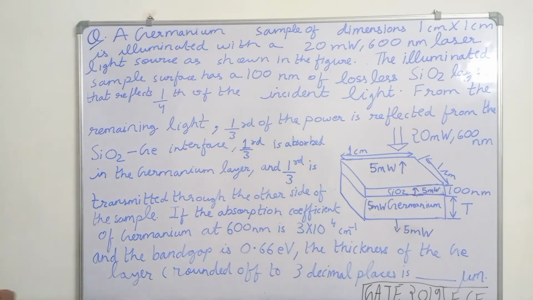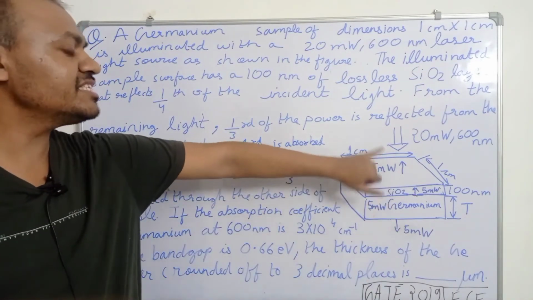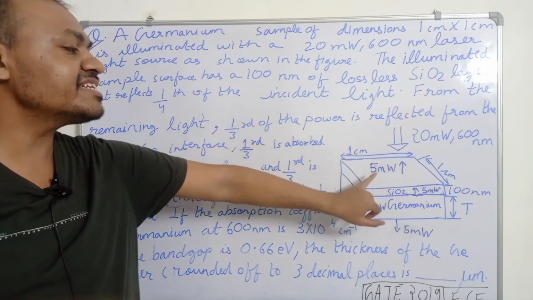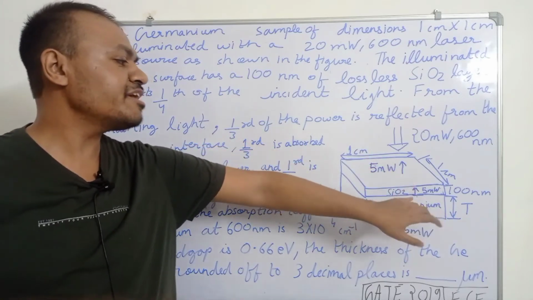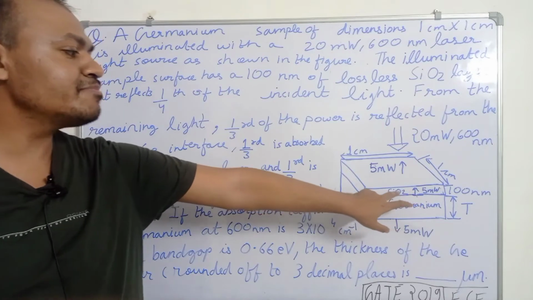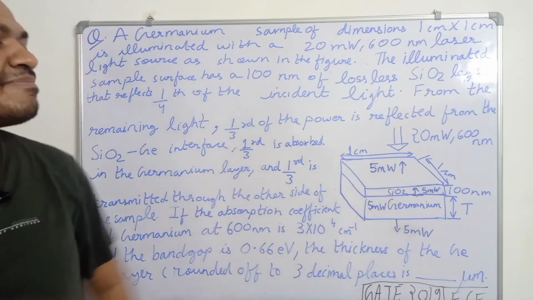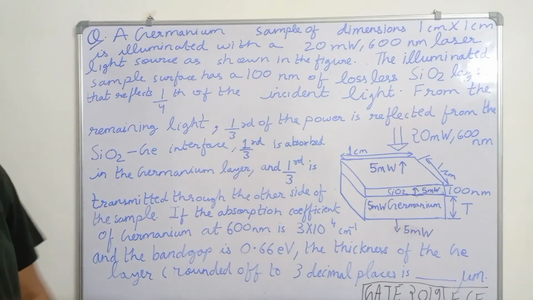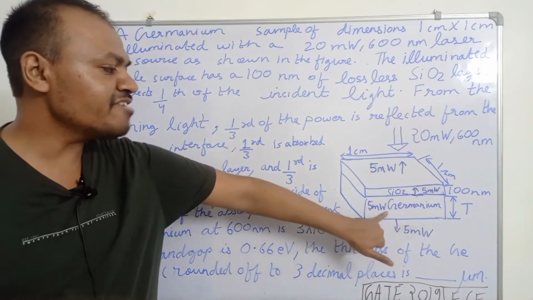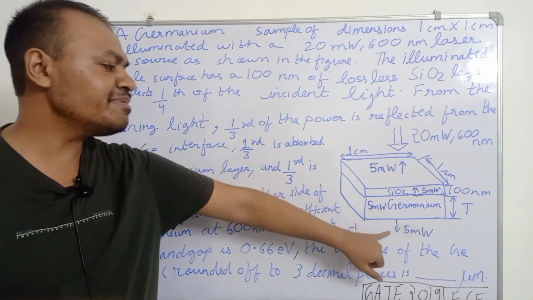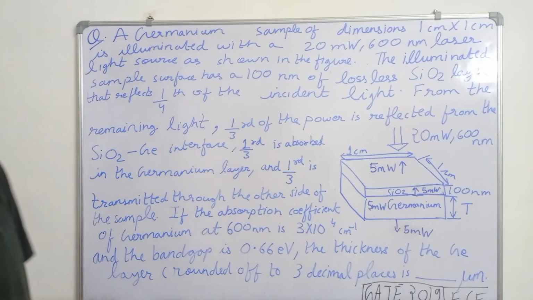So total is 20 milliwatt. 5 milliwatt, 1/4, is reflected back by this SiO2 layer. Then out of the remaining 15 milliwatt, 1/3 is reflected by this SiO2 germanium interface, 1/3, that is 5 milliwatt, is absorbed in the germanium layer, and the remaining 1/3, that is 5 milliwatt, is transmitted through the other side of the sample.